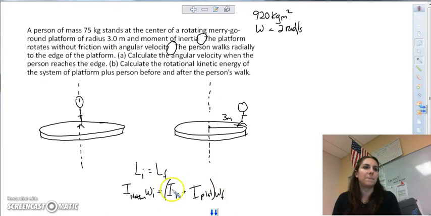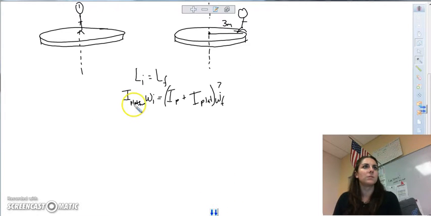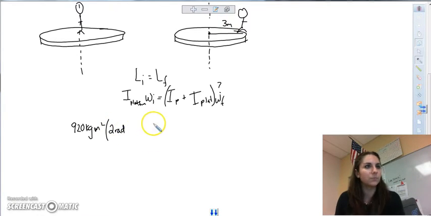So basically we're looking for the final omega. We are given the platform, and we can treat the person pretty much like a particle at the end. So it's going to look like 920 kilograms meters squared times the initial angular velocity, the 2, equals the moment of inertia of the person.